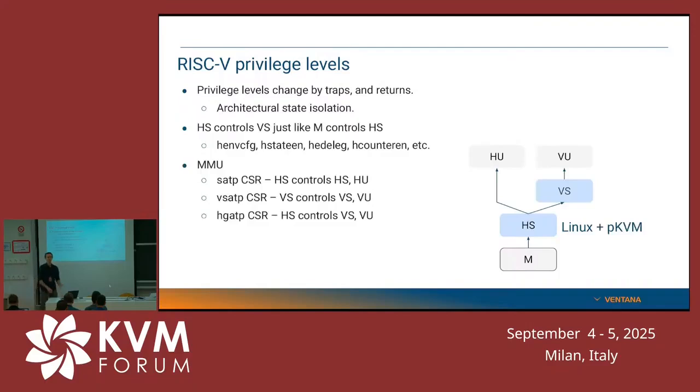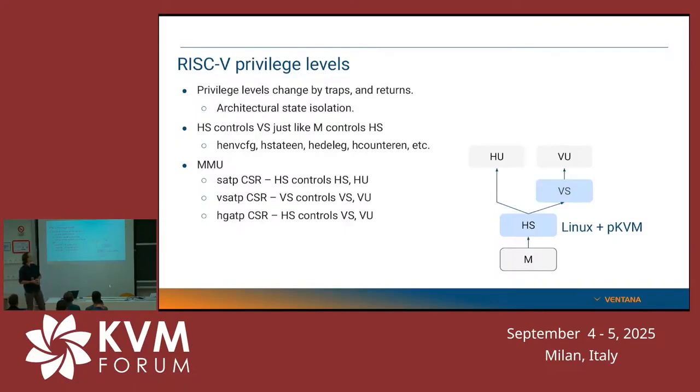For pKVM, we will be using the hypervisor extension, which renames the S and U to HS and HU, and adds two more modes, the VS and VU. And similarly to how the firmware can control the HS mode and all the modes above, the new HS mode has control over VS and VU.